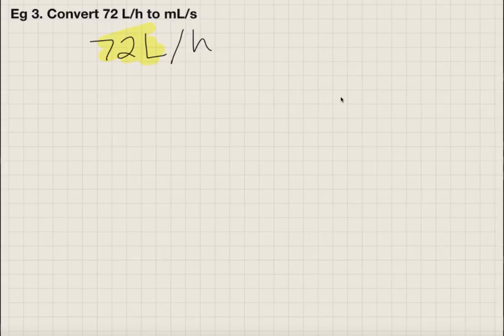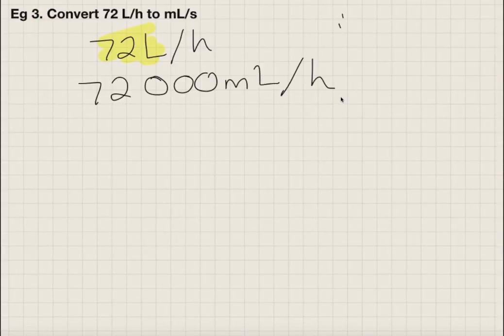Okay, so 72 litres is 72,000 millilitres per hour, because we know that 1 litre is 1,000 millilitres. Okay, and 72,000 millilitres per hour.